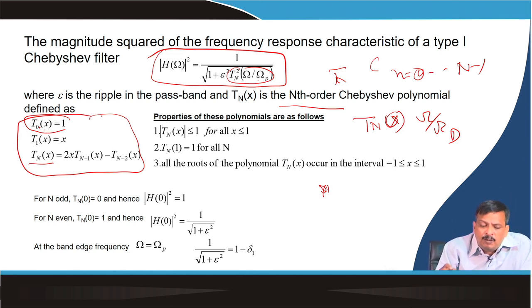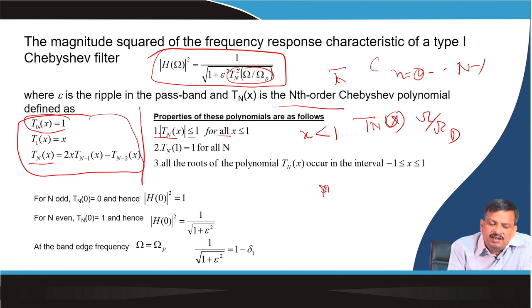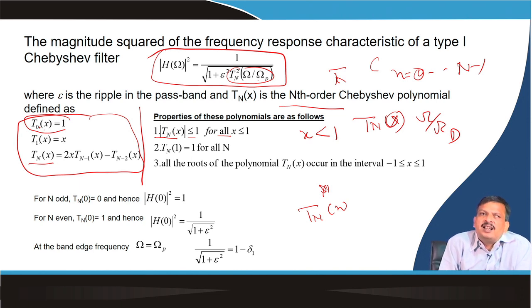Okay. So what are the properties of that polynomial? Number 1, the magnitude of Tn of x is less than 1 for all x less than 1. If x is less than 1, then the magnitude of Tn of x will also be less than 1.